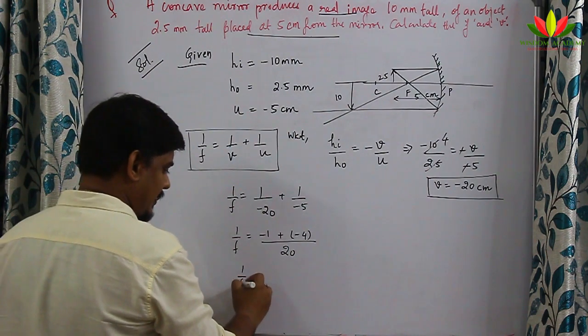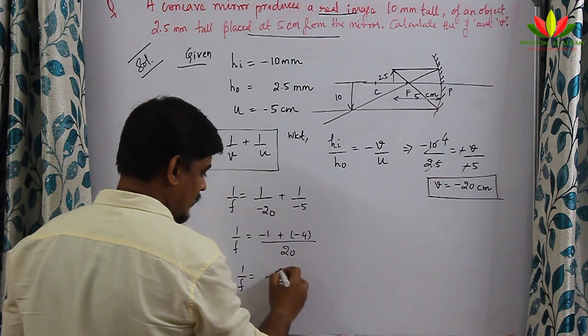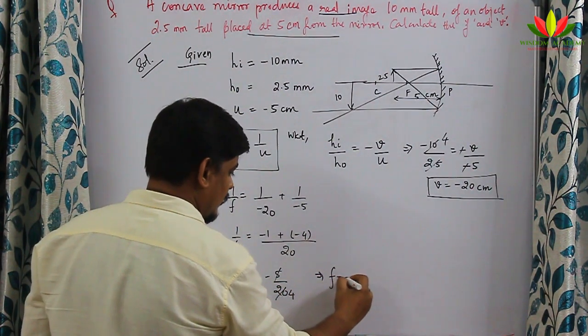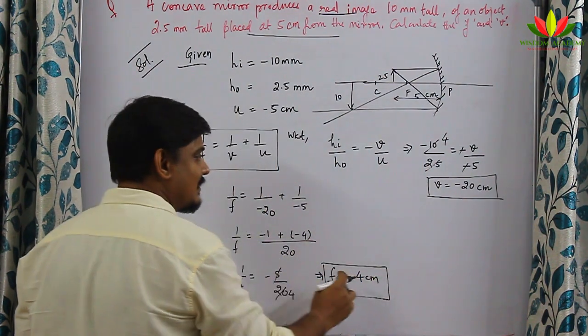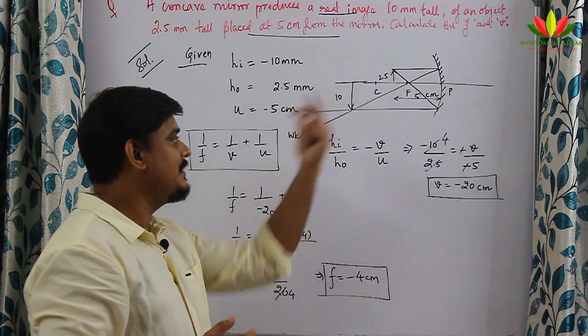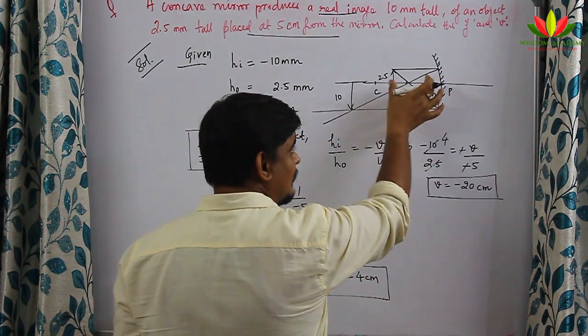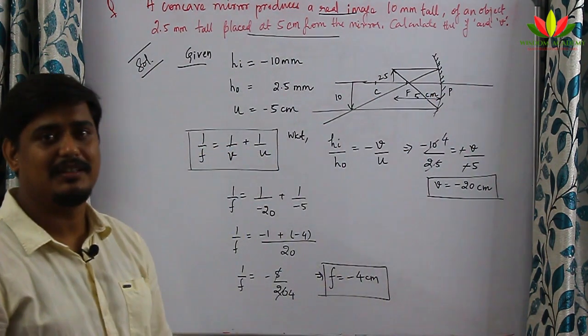So I get 1 by f is equal to minus 5 by 20, so 5 4s are 20, so I get f is equal to minus 4 centimeter. So I said, automatically you will get the answers in minus, which shows that v is negative, f is negative. So f was 4 centimeter, u is 5 centimeter and v is 20 centimeter. This is the answer.